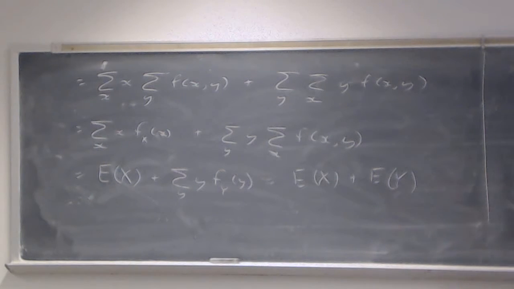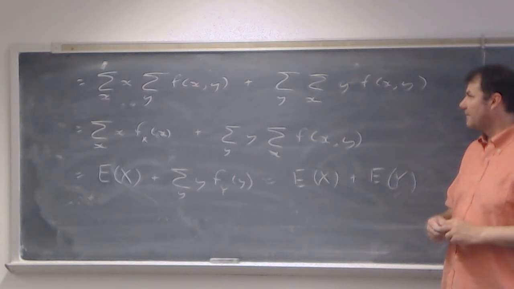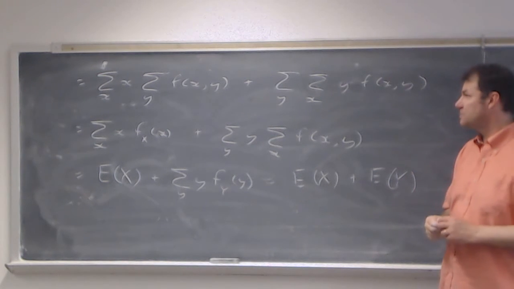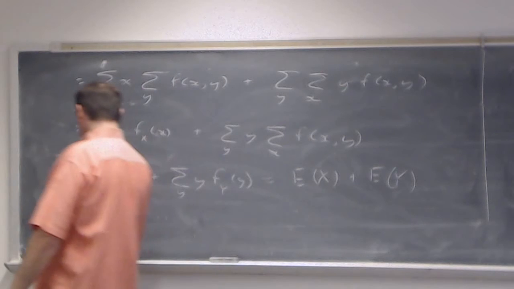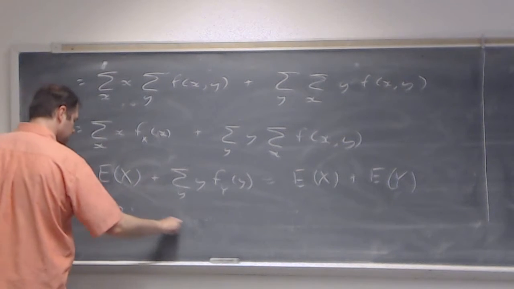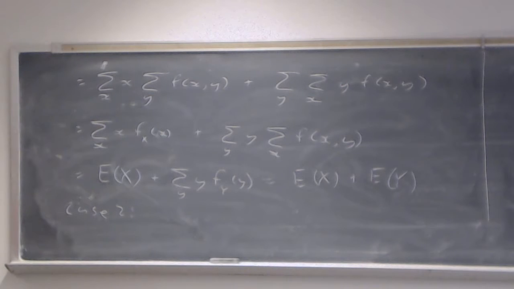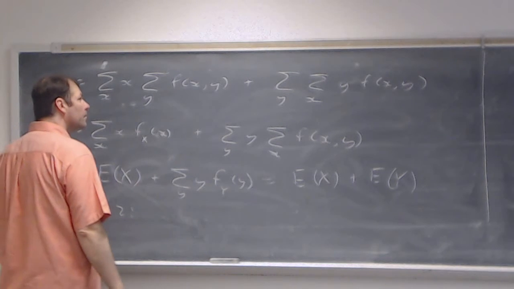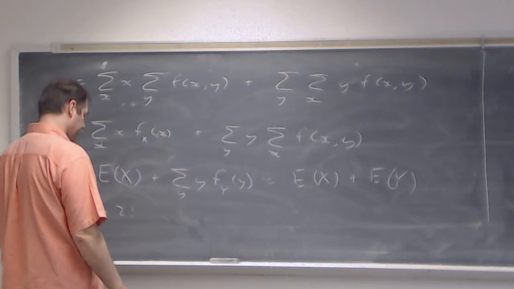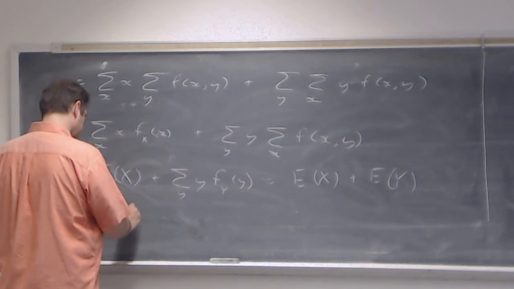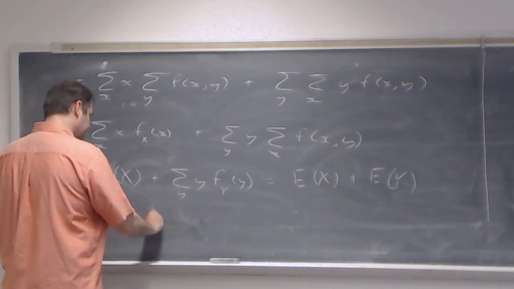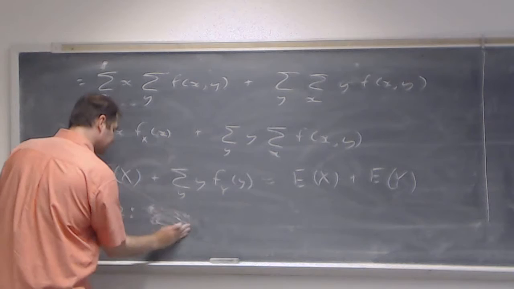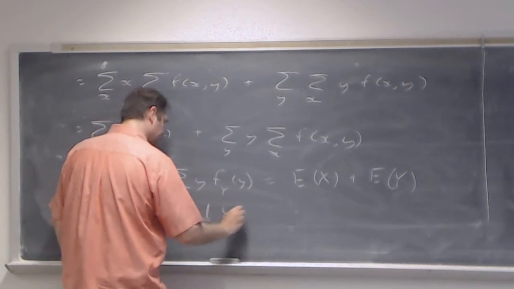There's a little bit of worry about being able to switch the order of these summations, but I'm just going to say that we can do it. That's all I'm saying. And in case 2, x and y are continuous.